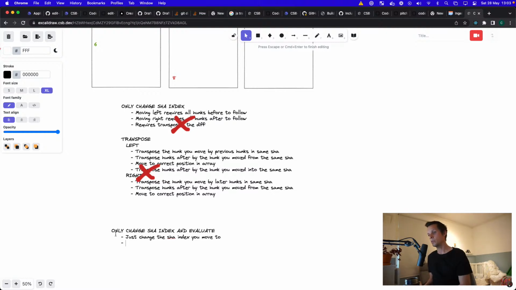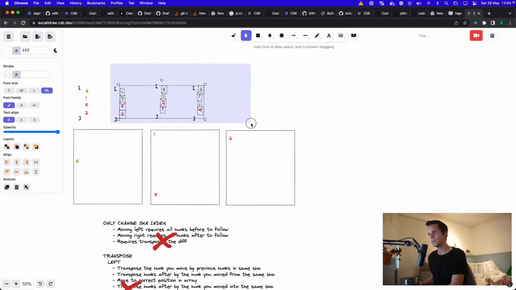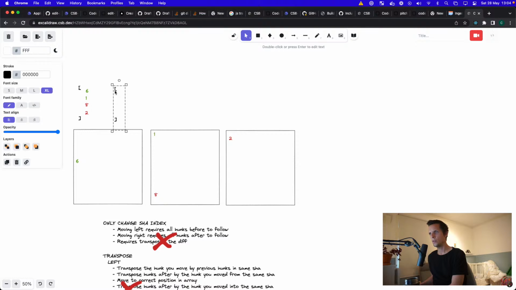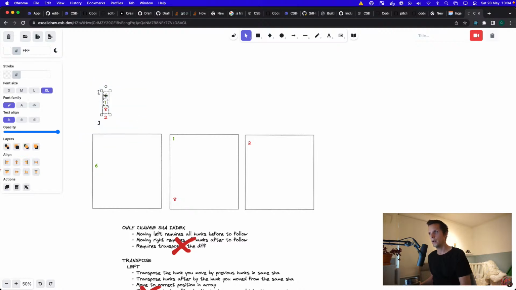And then what we do is produce the actual array for file creation and diffing. So what would happen here is that I guess we should use these arrays again. So let's imagine now that we have 6, 1, 8, 2. Okay. And let's add, this happens on SHA-1.